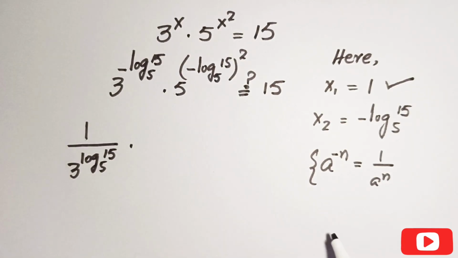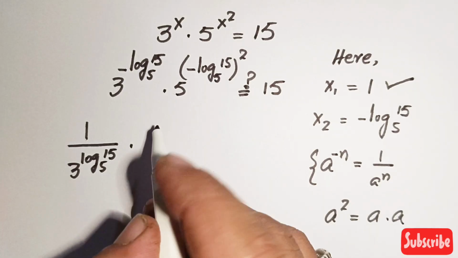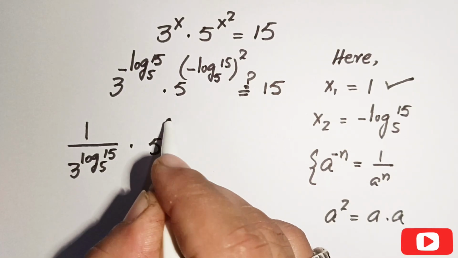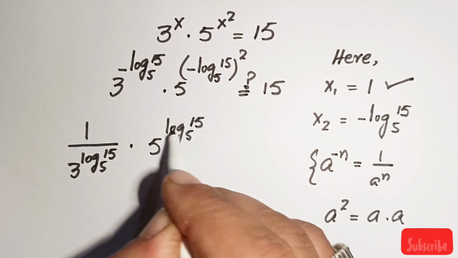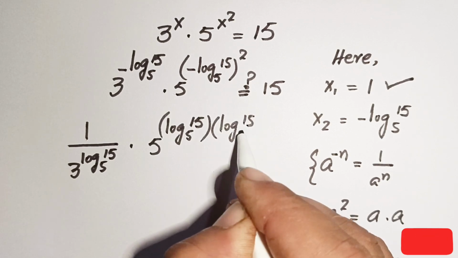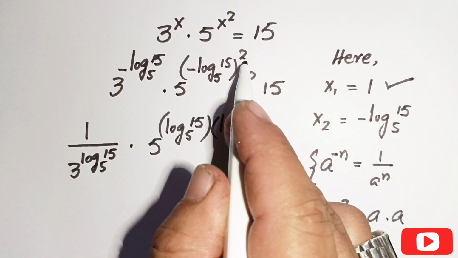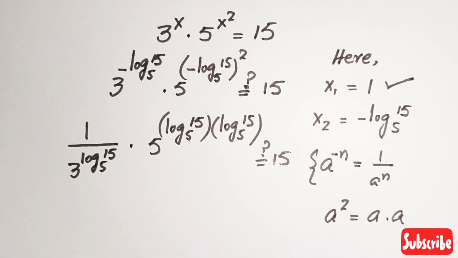This squared can also be written as, we know that a squared is equal to a times a, so here we have 5 to the power log 15 to base 5 times log 15 to base 5. This minus will be plus, so is it equal to 15?